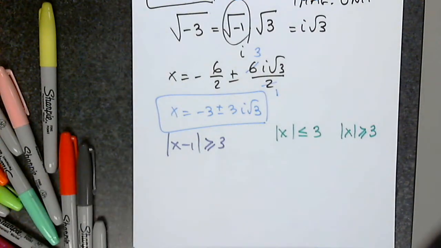Imagine the real line. Where will I find numbers that are exactly 3 units away from 0? Negative 3 or 3. Yes. So negative 3 and 3 are exactly 3 units away from 0. We agree? Perfect. So now here's my question. Where will I find numbers whose distance from 0 is 3 or less?